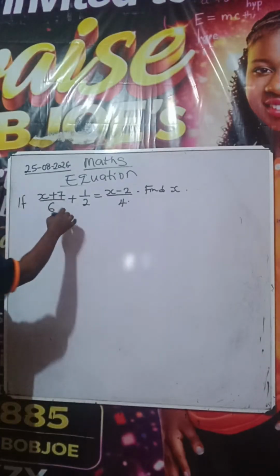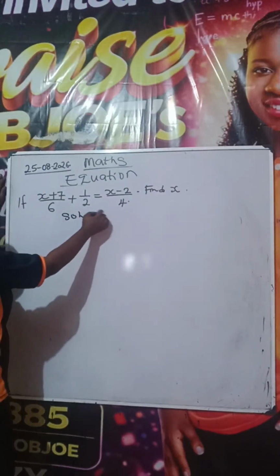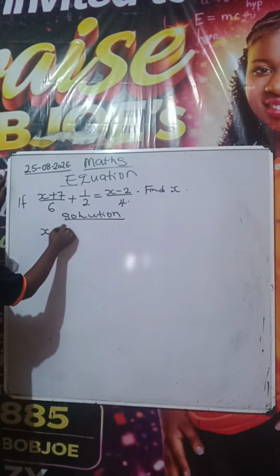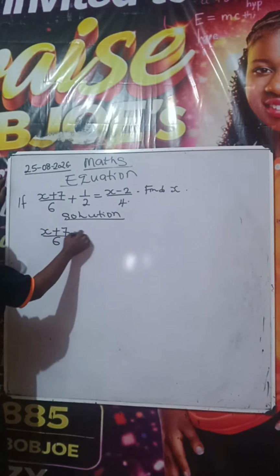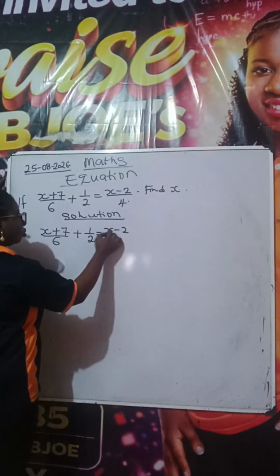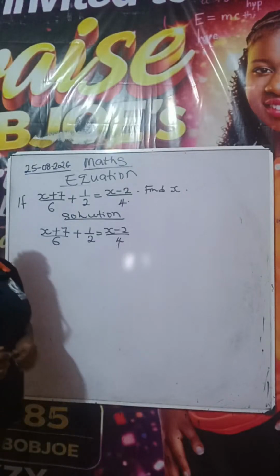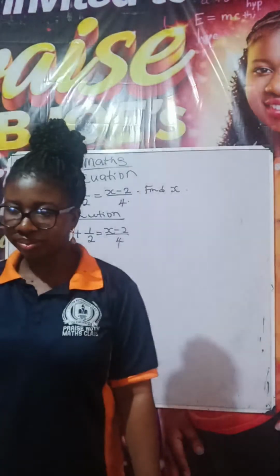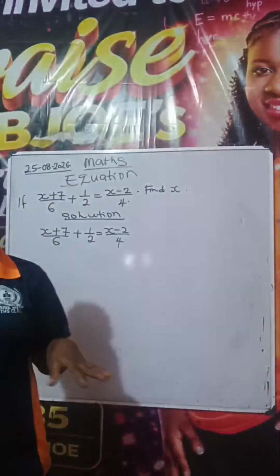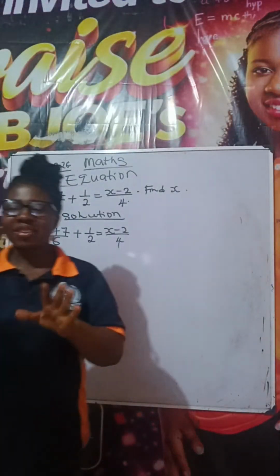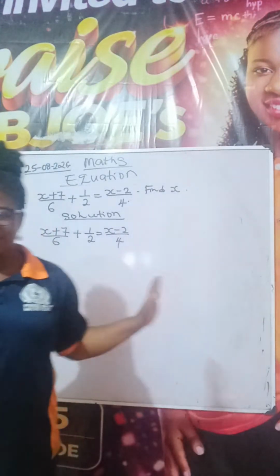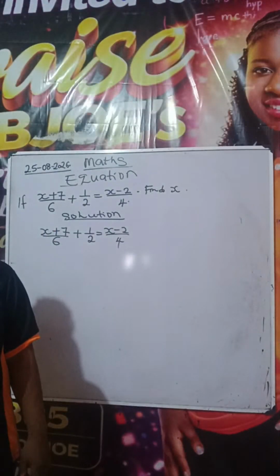Let's bring it down and think of how we are going to solve this. So we have (x plus 7) over 6 plus 1 over 2 equals (x minus 2) over 4. I want to hear from you guys first, before we think of how to solve this.